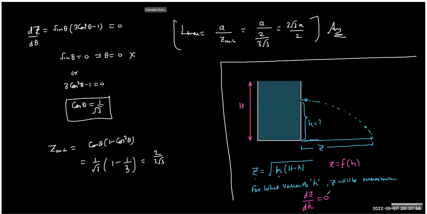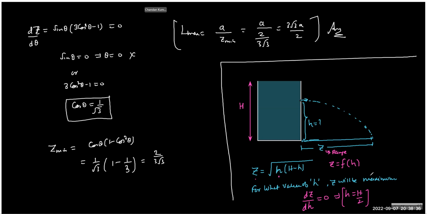Capital H by 2. That's the right answer. Right? So it is called the midpoint. If you punch a hole at the midpoint, the range becomes maximum. This is called range actually. So the range becomes maximum when you punch a hole at the center of the tank. So the water will go to the farthest point from the tank. Okay. So again, everything will have some role. Somewhere in physics, you are going to use this.